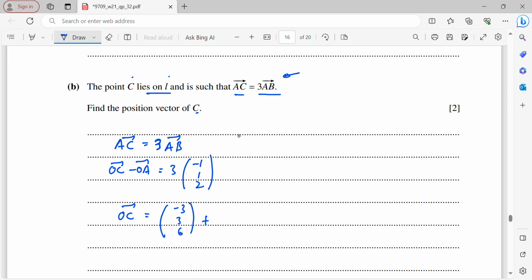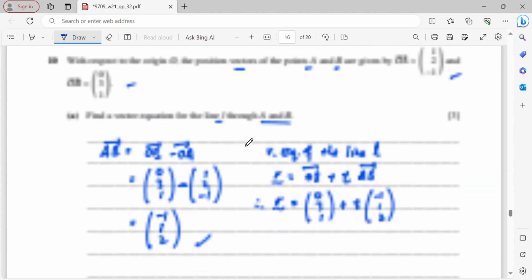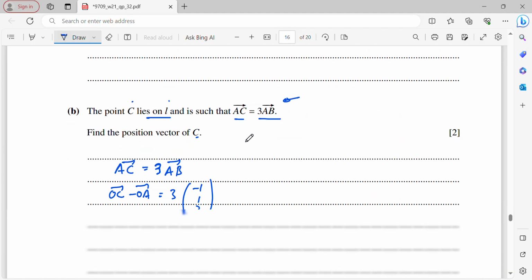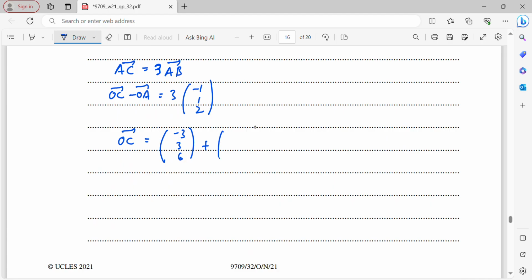Then you plus with OA. So now my OA from the question, (1, 2, -1). Then you will get minus 3 plus 1 is negative 2, 3 plus 2 is 5, 6 plus minus 1 is 5. So this is your vector OC.